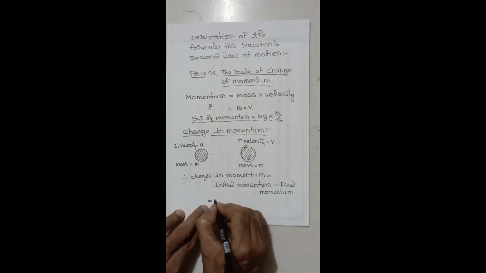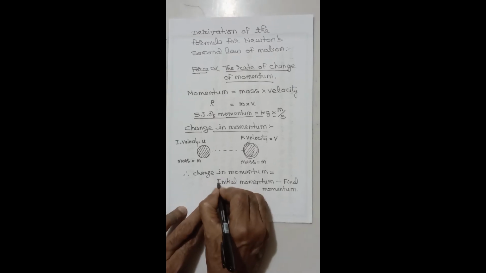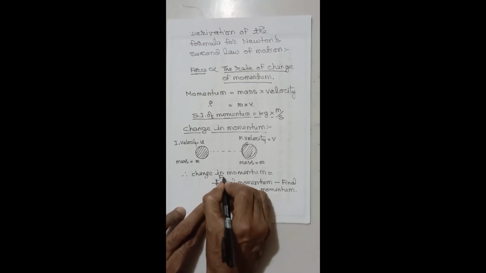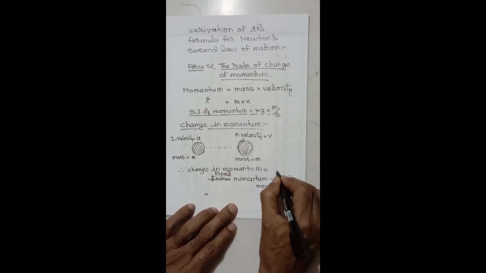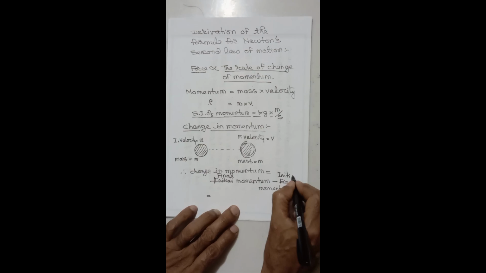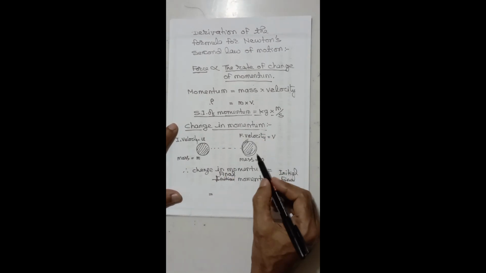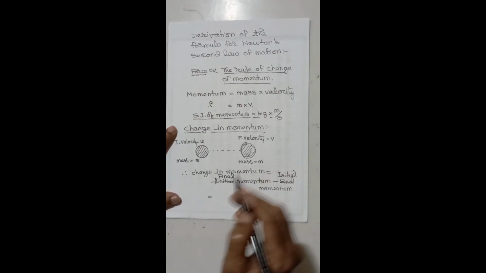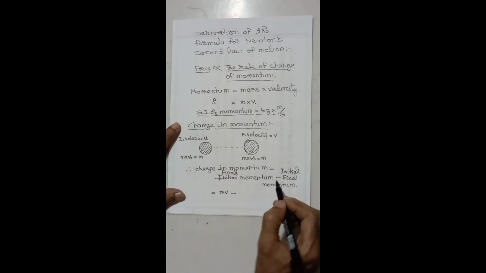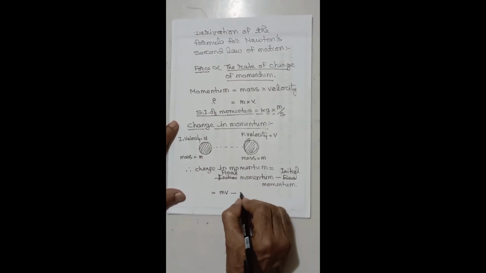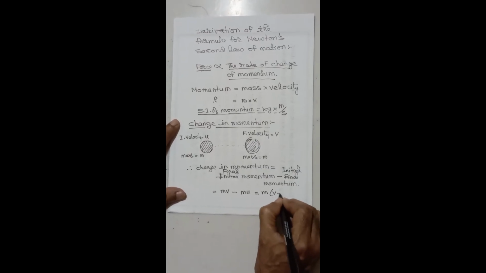Final momentum is mv. So we get change in momentum as m into v minus u.